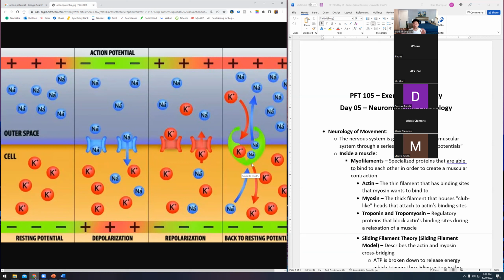I'm sorry, that's not true. The opposite is true. Sodium has a way more positive charge, and potassium has less of a positive charge. So if you look at the difference between the two, if you look at the voltage, sodium is very positive, and potassium would be considered negative in comparison.